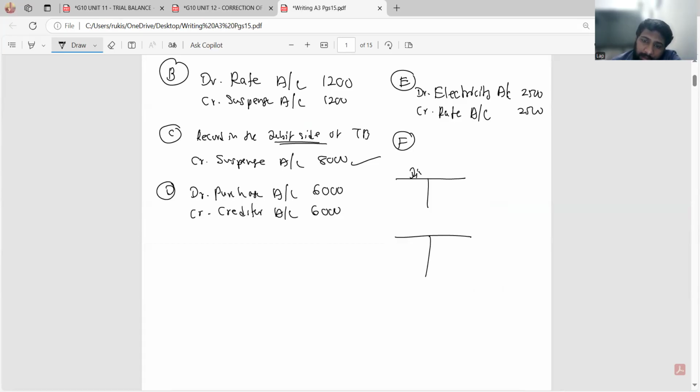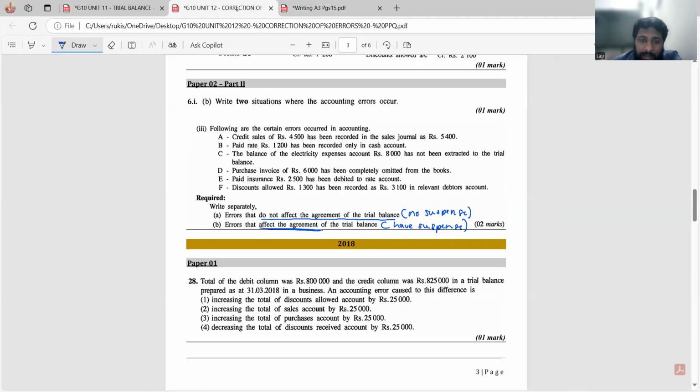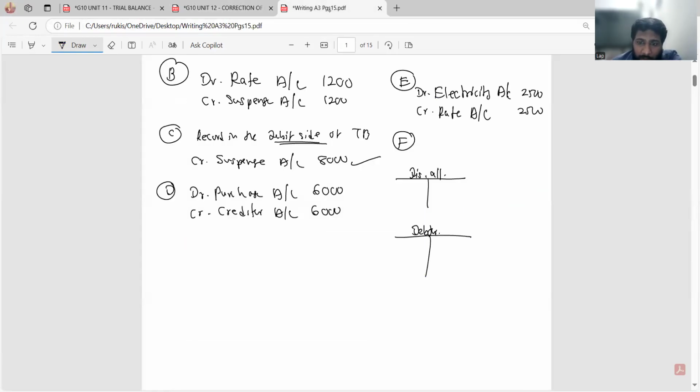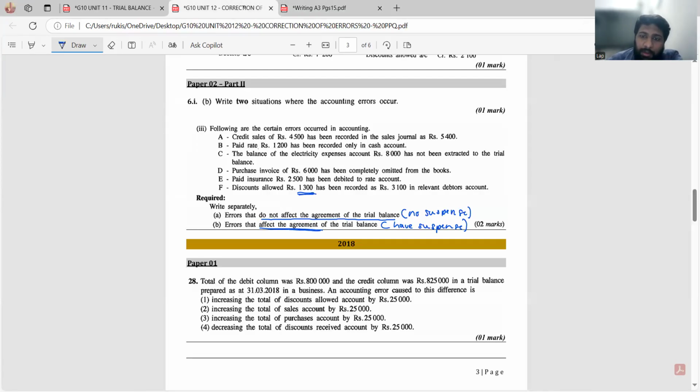Debit the discount allowed account, credit the debtor account. The discount allowed is 1,300. For the debtor account, you have mistakenly written it as 3,100.